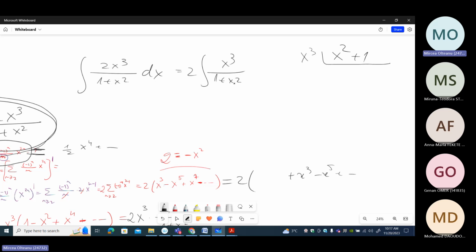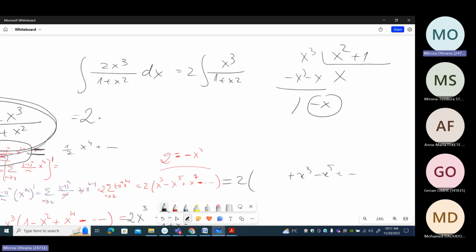Every time the degree of the numerator is greater or equal than the degree of the denominator, we must use the division of the polynomials. So the quotient and the remainder. So the quotient is x, and the remainder is minus x.